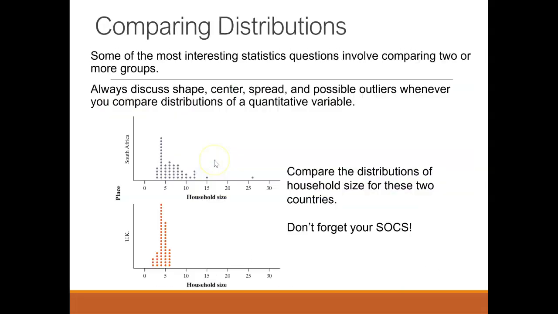If I do the same thing here, the center of my data for the UK is probably in the 4, 5 range. Everybody buy that? So the center is pretty similar, 4, 5 or 5, 6. What shape would we give this?